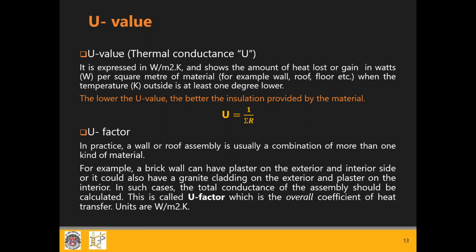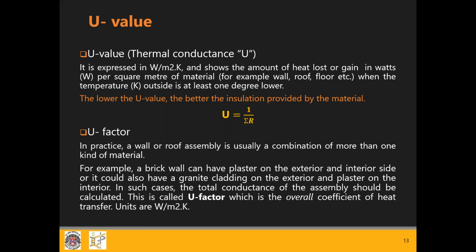When we say U value, we mean the thermal conductance of a single material, right? But when we say U factor, if you see the ECBC code, there the opaque envelope structures are given in terms of U factor.